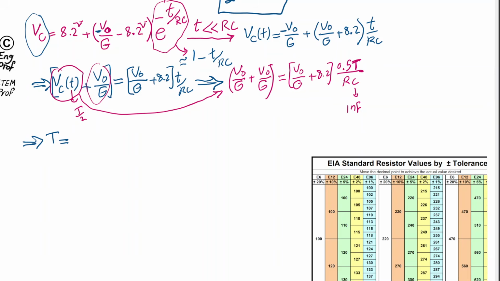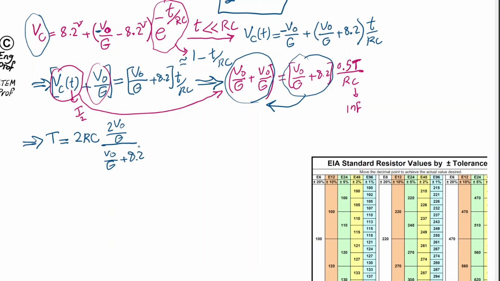If we want to stick with T, I'm going to write that T is equal to 2RC, and then we have 2, so I'm going to sum these as 2 V out over G. And then in the denominator, we cross-divide the left-hand side, so it becomes V out over G plus 8.2 volt. Okay, so that's one formula that I just obtained for the period.